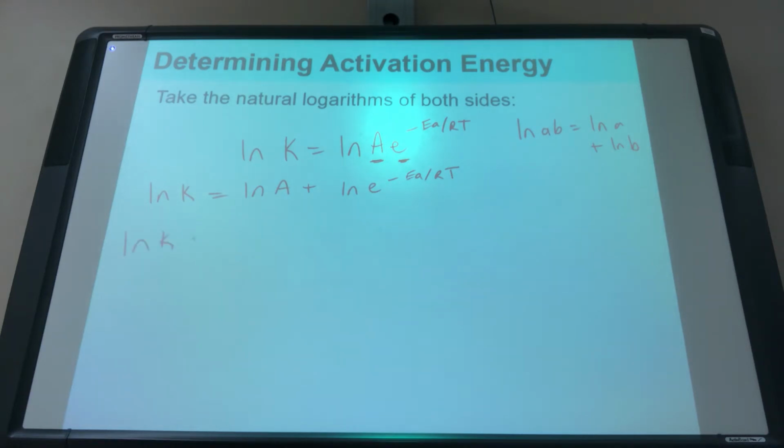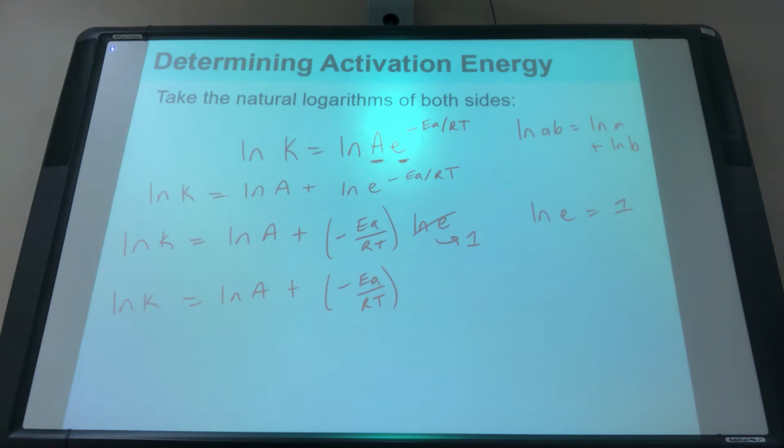So ln of k is equal to ln of A plus negative Ea over RT times ln of e. Now, ln of e is just 1, so ln of k is equal to ln of A plus negative Ea over RT, times 1, which we can just leave the way it is.